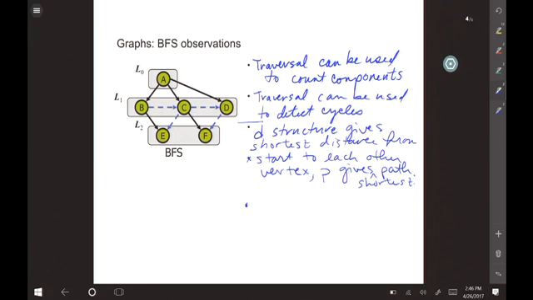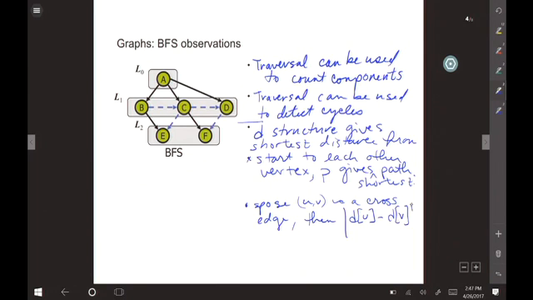Okay? So suppose UV is a cross edge. Then du minus dv, that is the difference between them, absolute value, is less than or equal to 1.